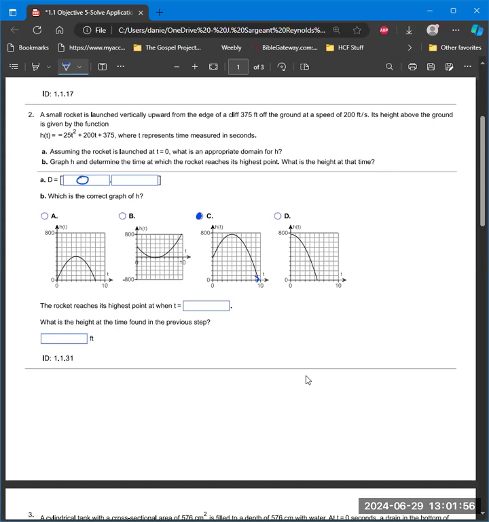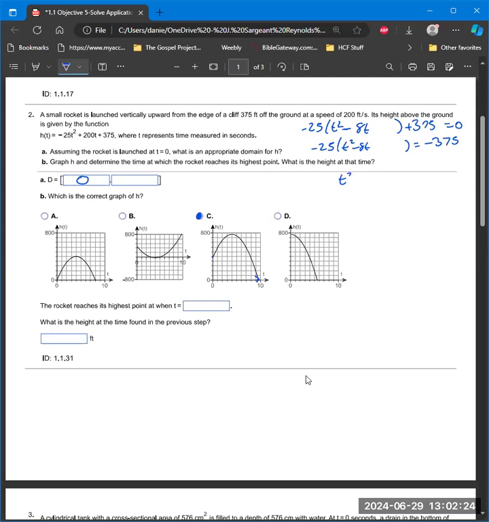So we're going to have to say negative 25 times t squared minus 8t plus 375, and set that equal to 0. Negative 25 times t squared minus 8t is equal to negative 375.